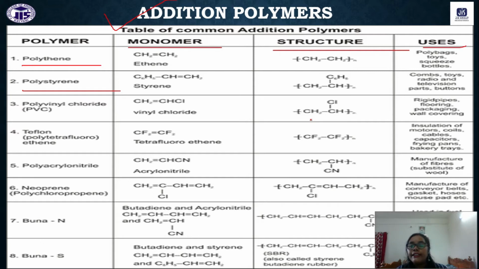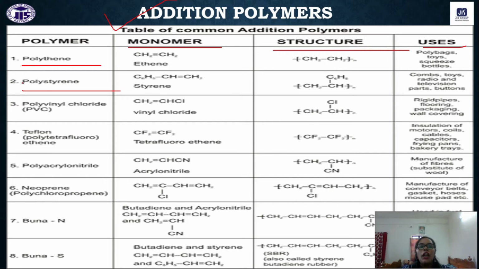What is the use of polyvinyl chloride? Write down the structure of polyvinyl chloride. Write down the structure of the monomer of Teflon. These are some tricky questions that you may have in your exam. So you have to memorize these examples, the monomers, the structures and the uses, very well.